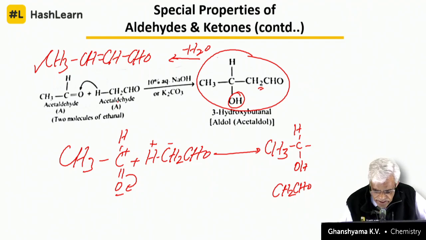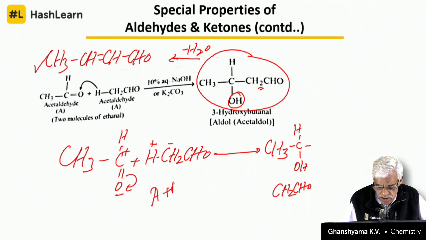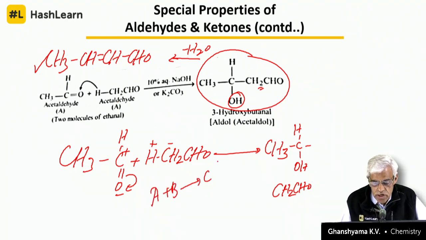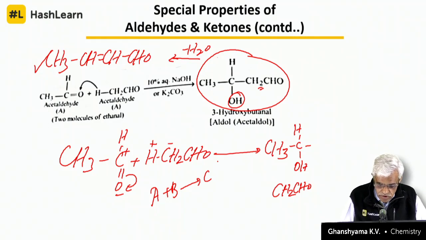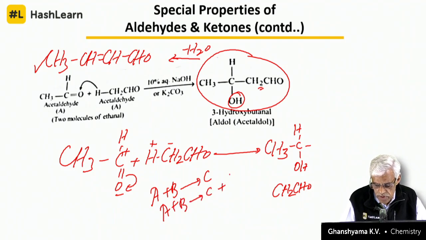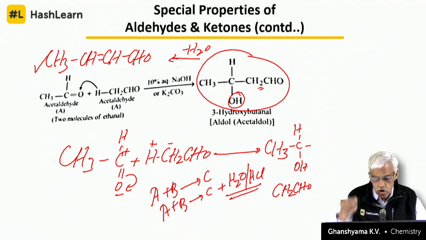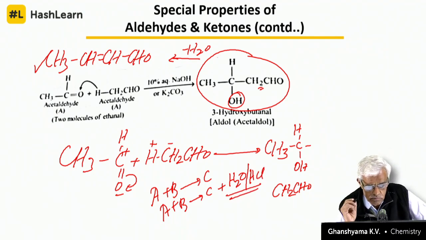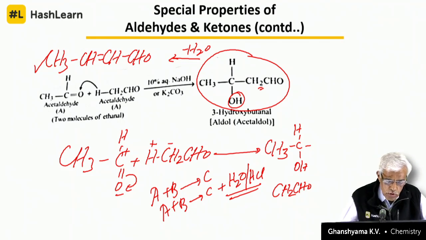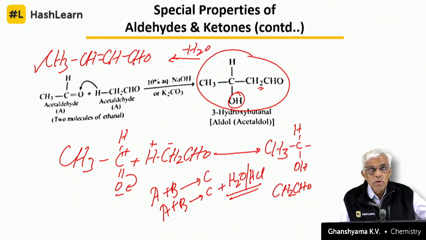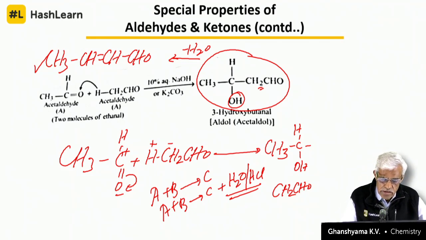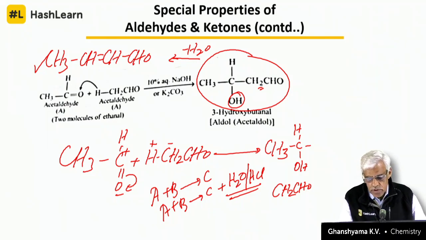Usually A plus B giving rise to C is an addition reaction. A plus B giving rise to C plus simple molecules like water, HCl, etc. is called a condensation reaction. So, two molecules of acetaldehyde combine and later dehydration takes place, first giving aldol.